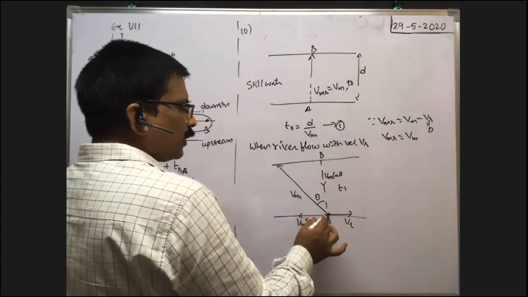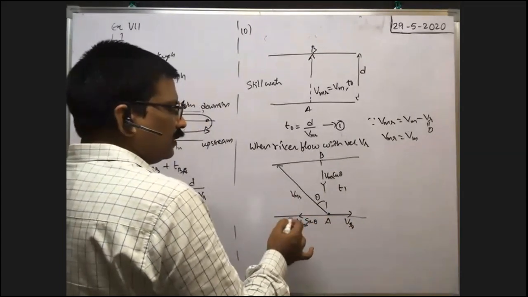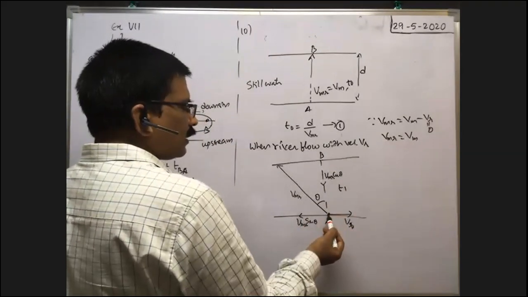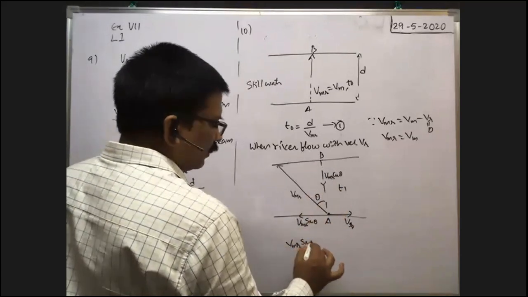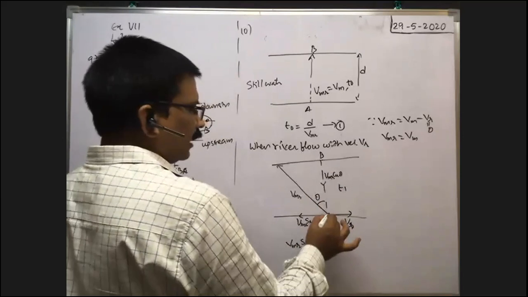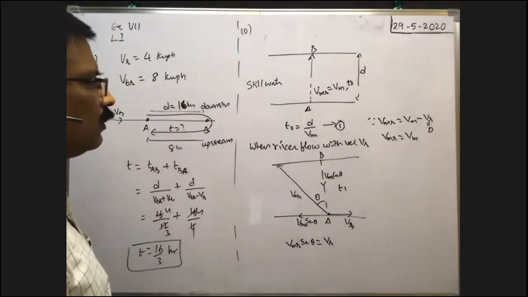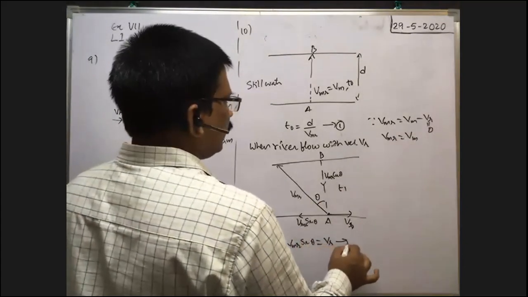Here, the man experiences two velocities, VR in this direction and VMR sin theta in this direction. But the resultant velocity in this direction must be 0. Then only the man can cross the river along the shortest path. That's why VMR sin theta must be equal to VR. Then only the net velocity along the direction of river flow becomes 0. This is equation 2.